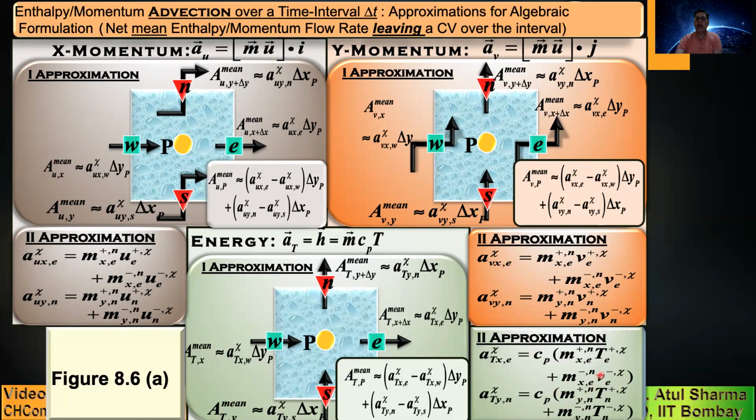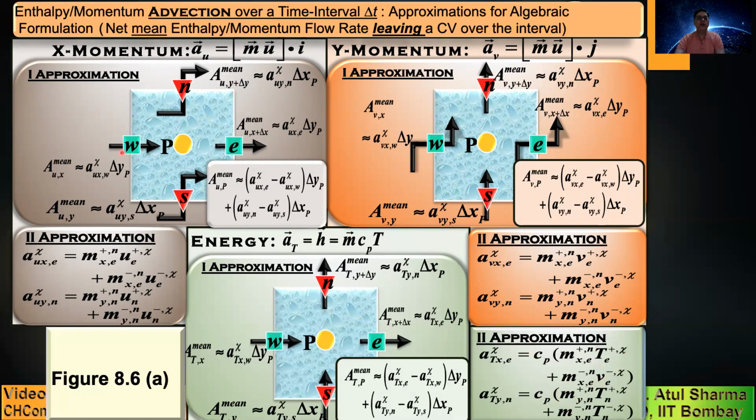It not only calculates the enthalpy fluxes, but also the x momentum flux and y momentum flux. So instead of building three components for advection schemes, we develop one component, one subroutine, and use it three times. Note that all the final sense of arrow here is vertical for y momentum.